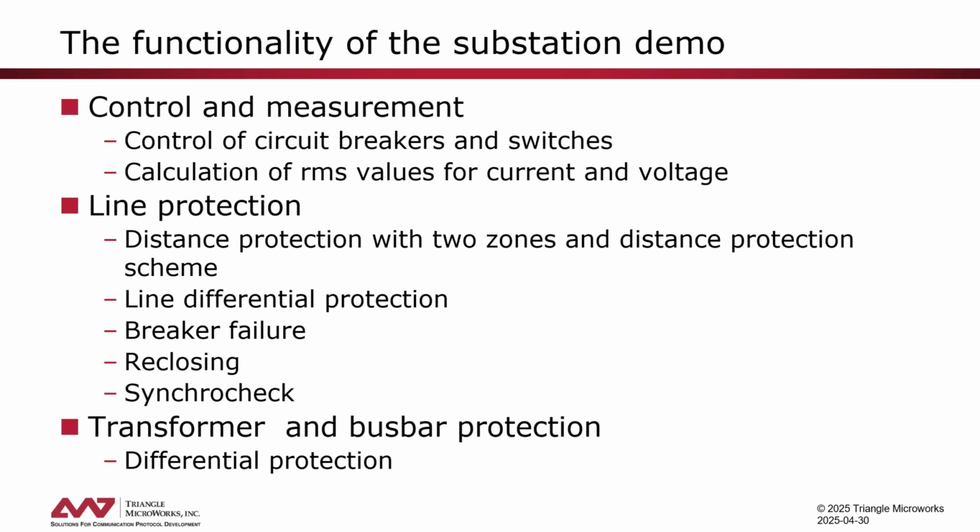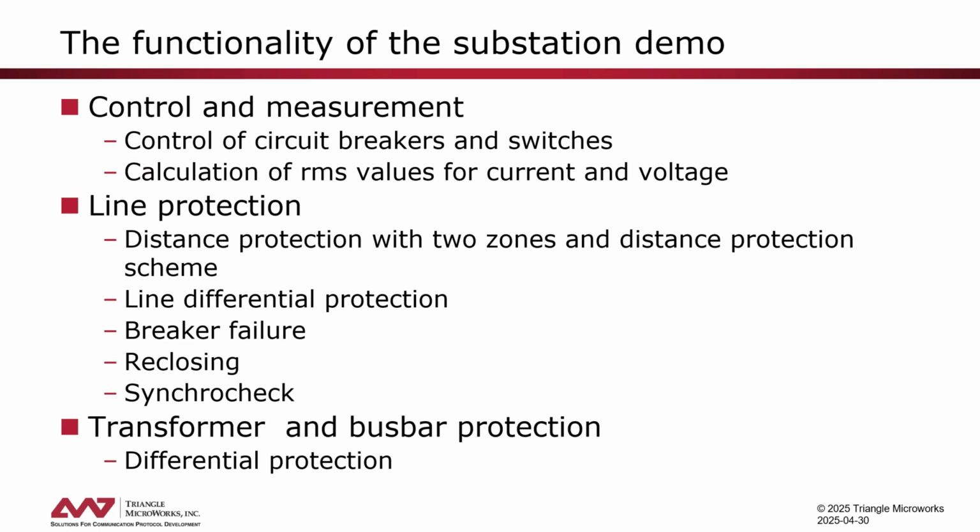We calculate RMS values for current and voltage. Then for the line bays, we have various protection aspects. We have a distance protection with 2 zones that we model. We have a line differential protection, breaker failure function, reclosing, and synchro check function. For the transformer bays and the bus bar protection, we use differential protection.